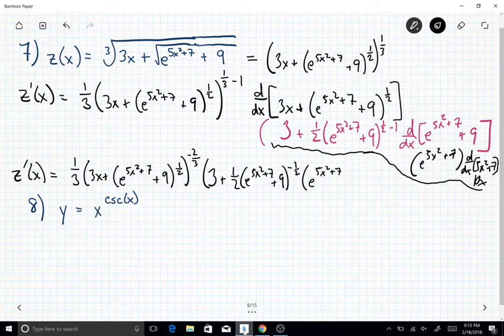And notice this is only times this last term, not the 3. And that is times 10x. So we close off that, and then we can close off our parentheses, and that would be our final answer.